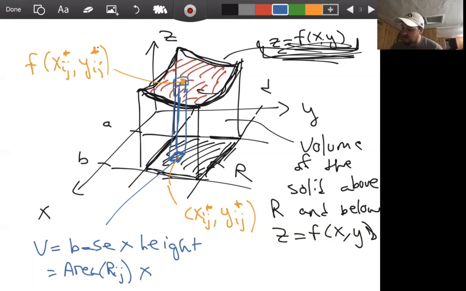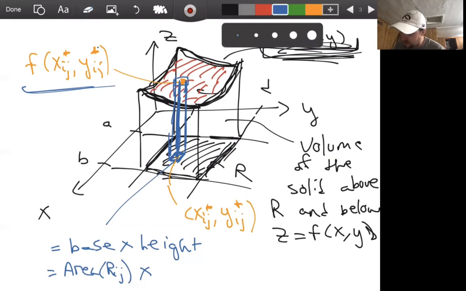And then the height is going to be whatever the value of the function is at this test point, that's going to be the height of this thin, very small pencil-like prism, right? And so let me write, this is volume ij, right?